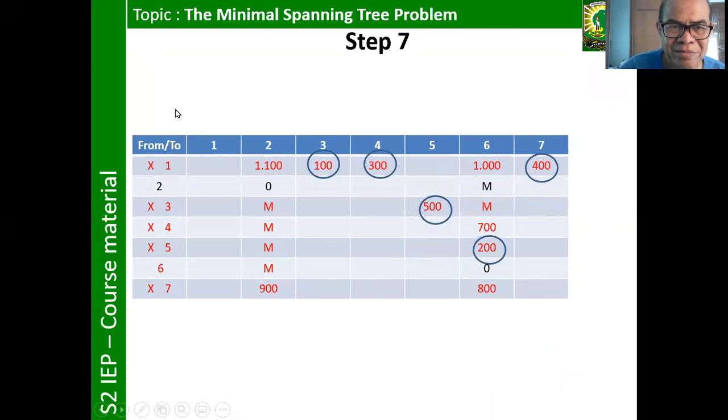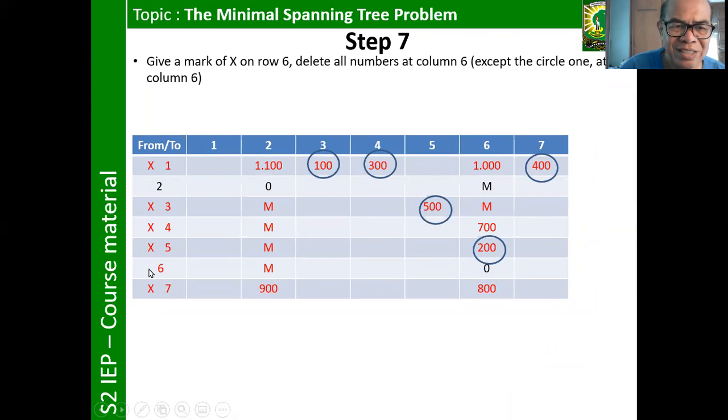Then step 7: mark 6 and delete 6. Then find the smallest among the rows not yet marked with X. We just compare between 900 and 1100.